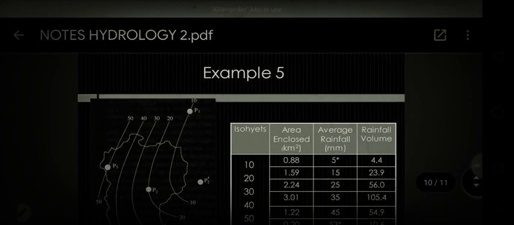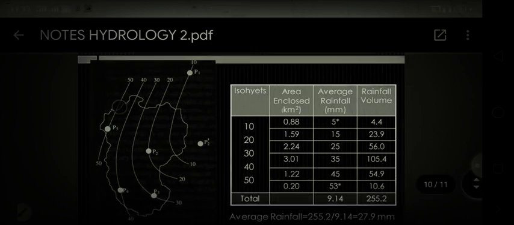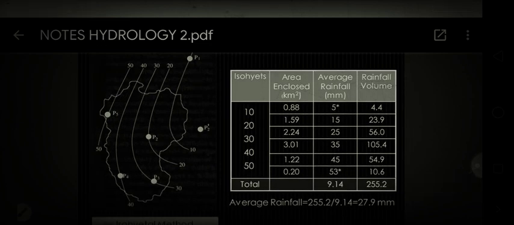So let's take an example. Here you can see, as per the figure, the isohyets have been drawn as per the stations installed. Isohyets for 10, 20 up to 50, area enclosed in kilometer square 0.8 up to 0.20, average rainfall 5 to 53, rainfall volume 4.4 up to 10.6.